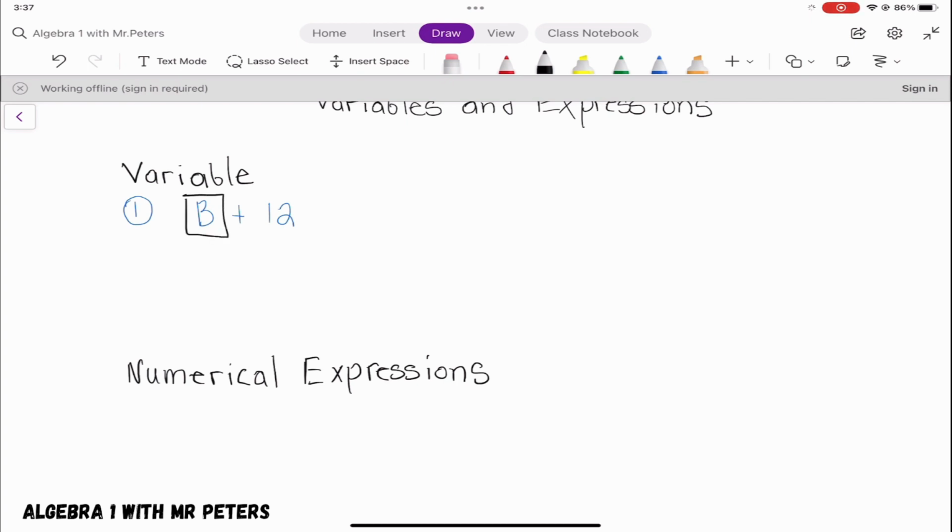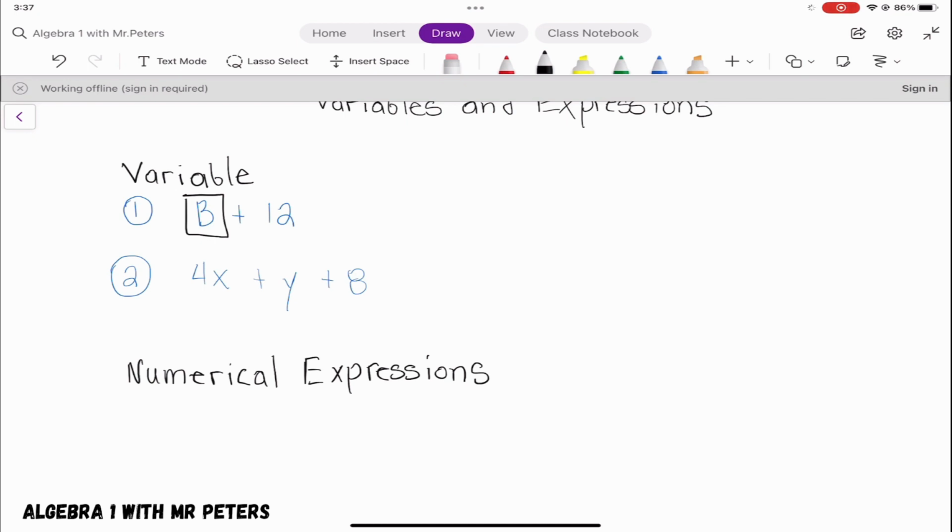All right. Let's go on to another example. Let's say we had 4x plus y plus 8. And I asked you guys the same thing. What are my variable or variables? Because there can be more than one. All right?